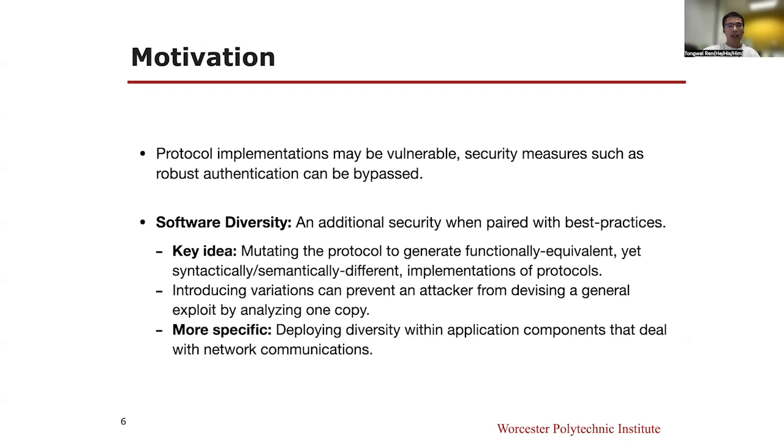The key idea is to mutate the protocol to generate functionally equivalent, yet syntactically or semantically different implementations of protocols. Introducing variations can prevent an attacker from devising a general exploit by analyzing one copy.